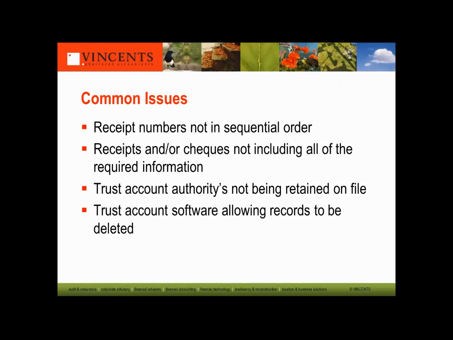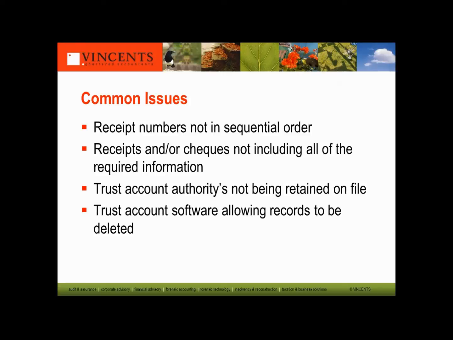We're going to have a note in the trust account system that Mr. and Mrs. Smith's trust account authority is recorded in their matter file number XYZ123, just so that you can link all of those things together when the auditors come in and ask, why did you do this with Mr. and Mrs. Smith's money? You can go, absolutely, here's the authority from Mr. and Mrs. Smith, and everybody's happy.